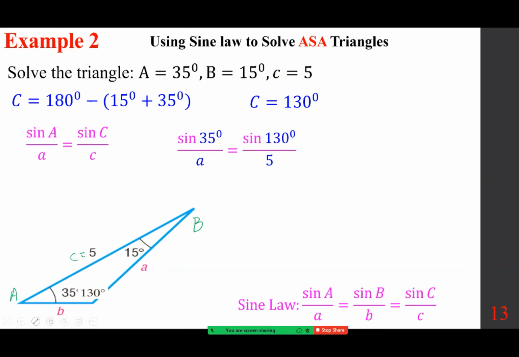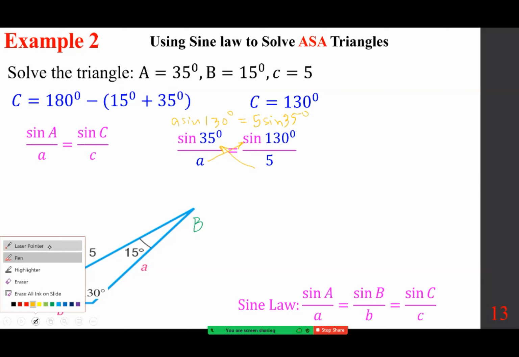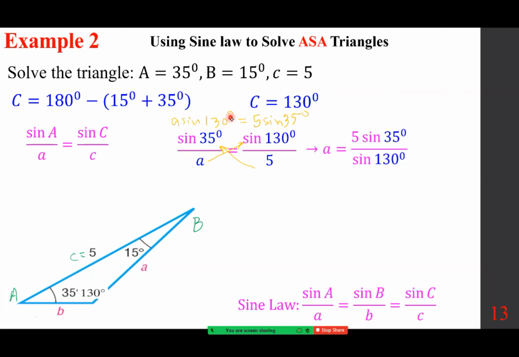Again, I'm going to remind you here, I want to make sure that we're comfortable with that. So cross product means a times sine of 130 degrees is equal to 5 sine of 35 degrees, and we divide by sine of 130, that gives us a.